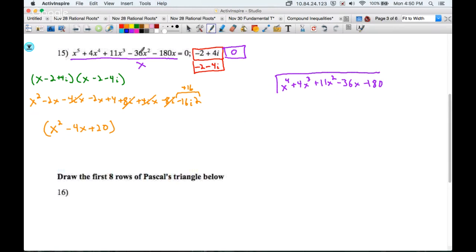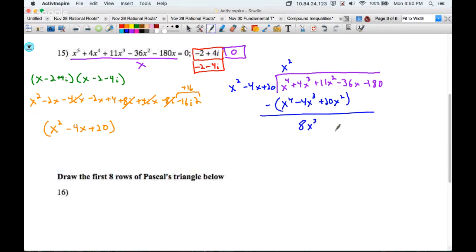Let's divide in this quadratic factor. What do I multiply x squared by getting x to the 4th? Well, that's just an x squared. Actually do the multiplication, we get an x to the 4th minus 4x cubed plus 20x squared. Parentheses, subtraction, these cancel. Negative 4 minus a negative 4. Careful, that's not 0.